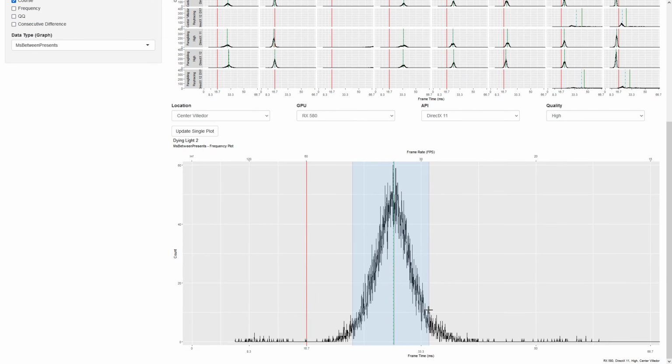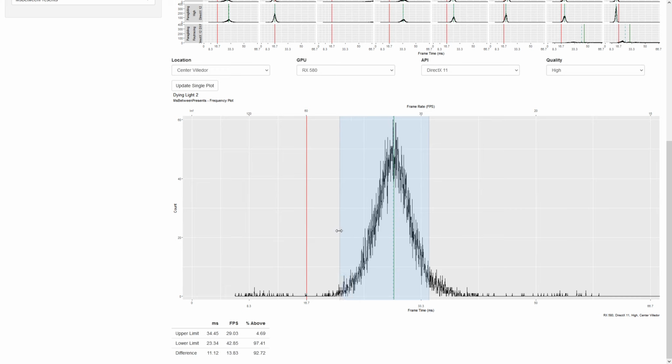Okay, and here let's see if we can actually dial this in. Okay, so this is roughly that line that we see on the QQ plot. This is 98% of the data, and I have it roughly centered.